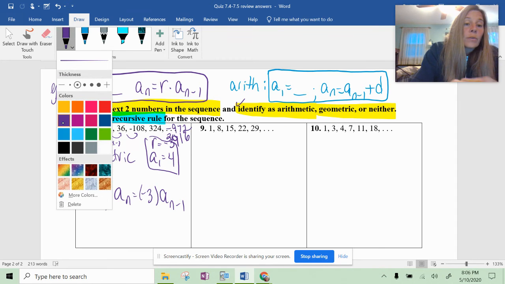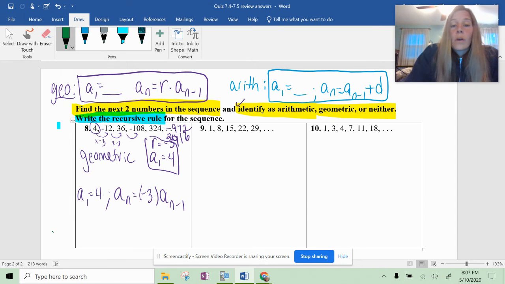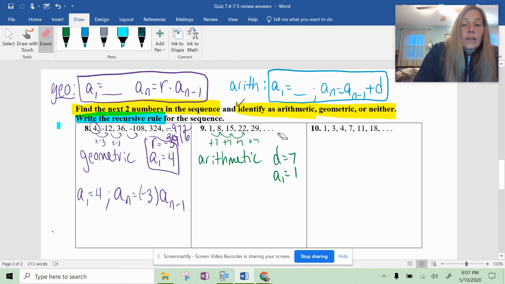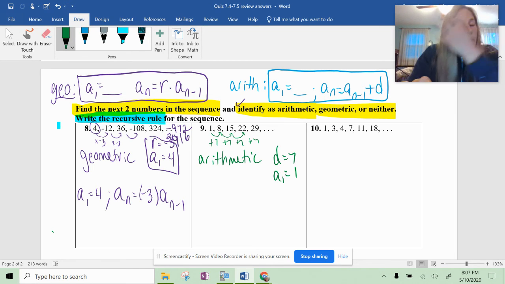Okay, so for the next one, 1 to 8 to 15 to 22, it looks like I'm adding 7 each time here. So that would make this one arithmetic because I'm adding 7 each time. So that d is 7, and of course my a sub 1, I'll write it down here, is 1. Now again, don't forget we have to still identify the next two numbers in the pattern.